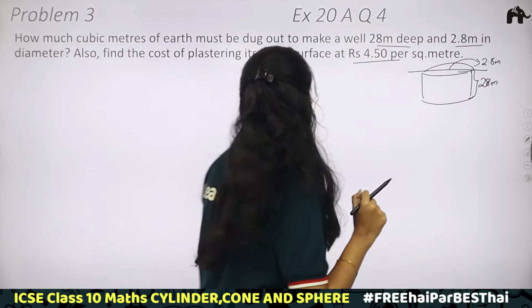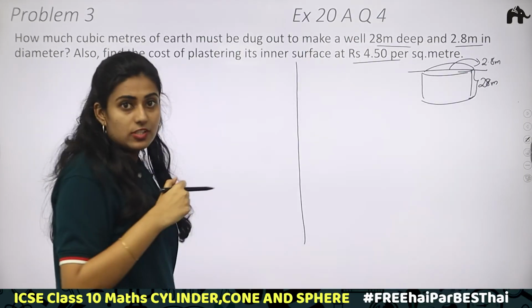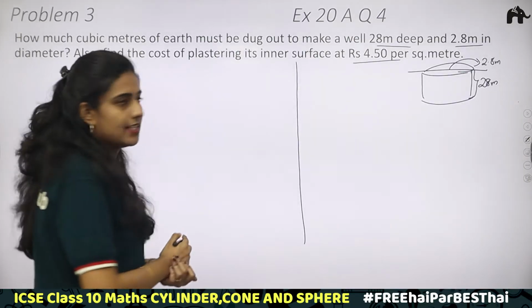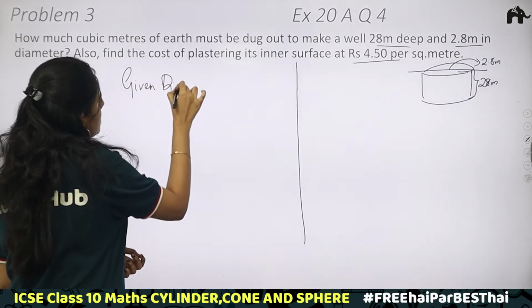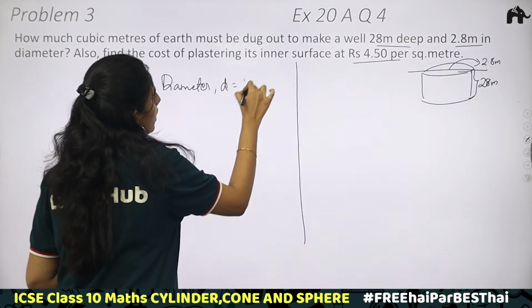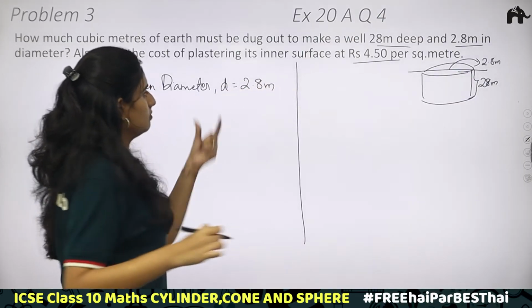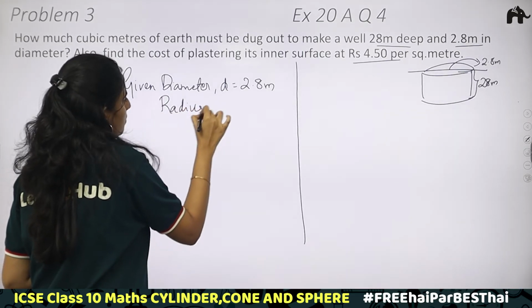So we need to find the amount of earth that is dug out, which means that it is a volume to be determined. Given diameter D is equal to 2.8 meter. We don't need the diameter, we need the radius. How to find radius from diameter?